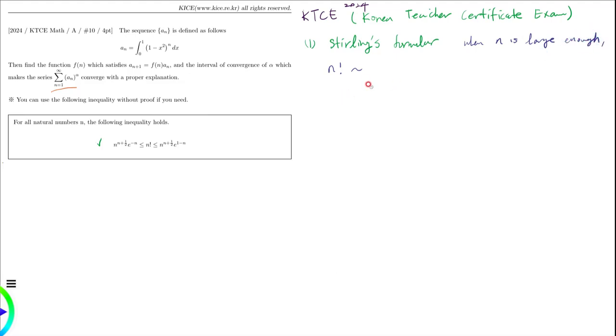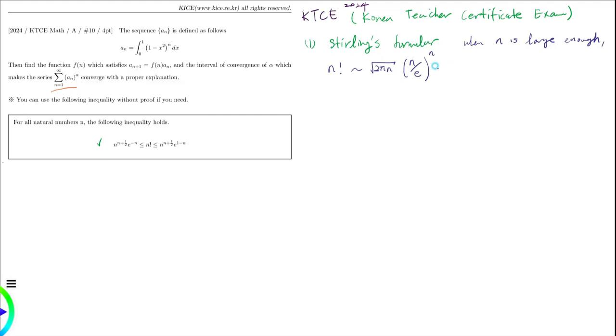Then n factorial can be approximated by this function: square root of 2 pi n times n over the natural constant e, each quantity to the nth power.